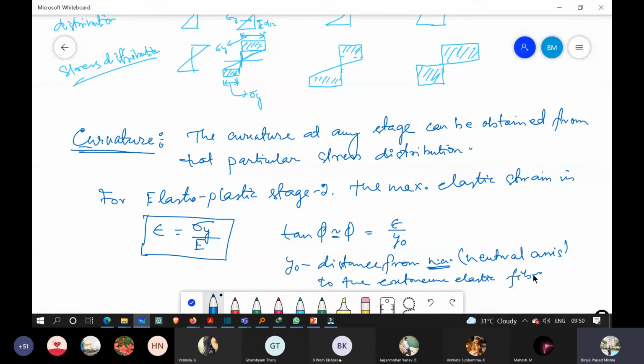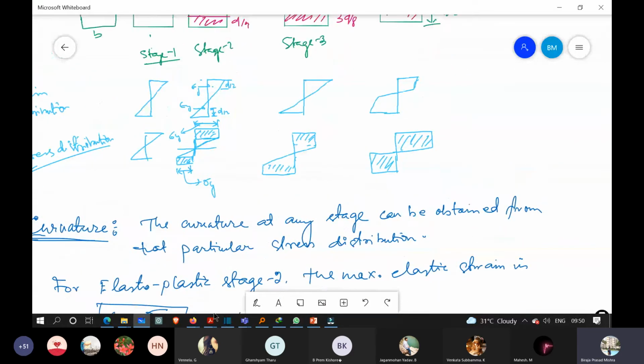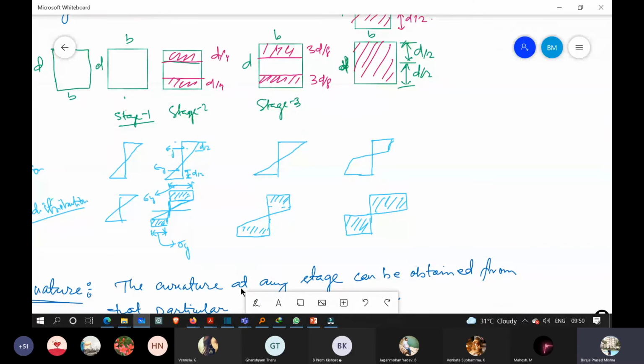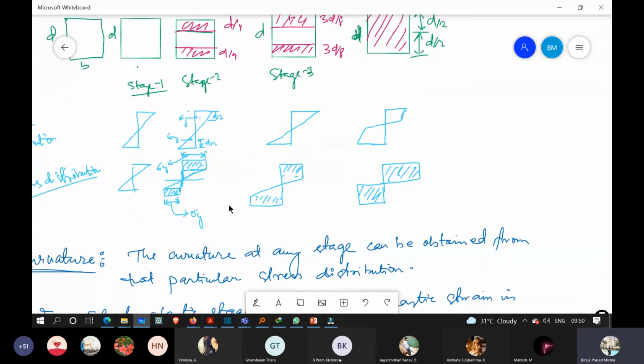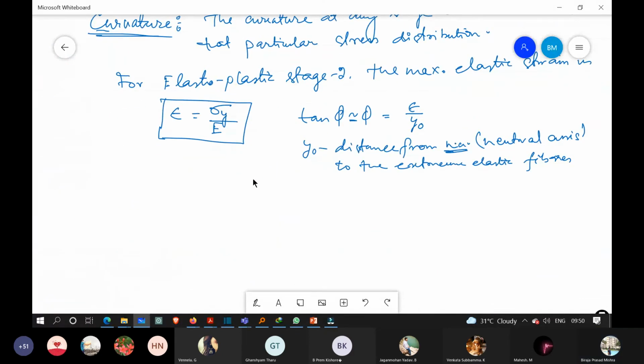This one. So all these values, this D by 8, D by 4, D by 2 and all, all those values will be the y0, from the neutral axis to that one.